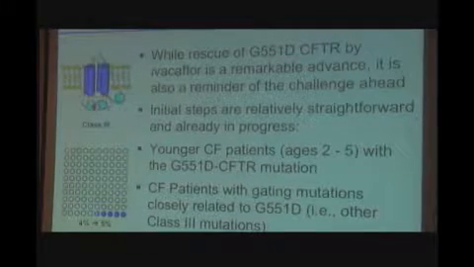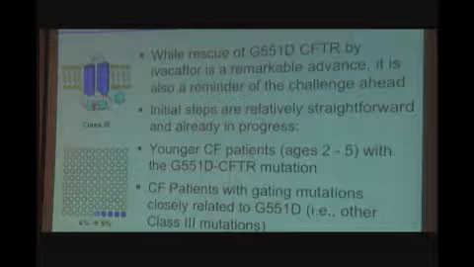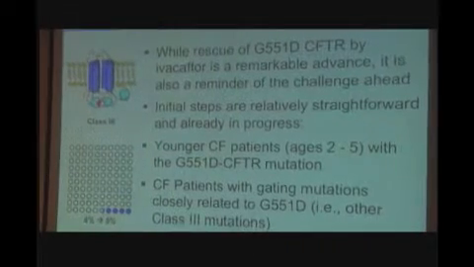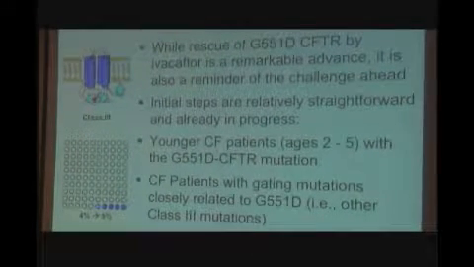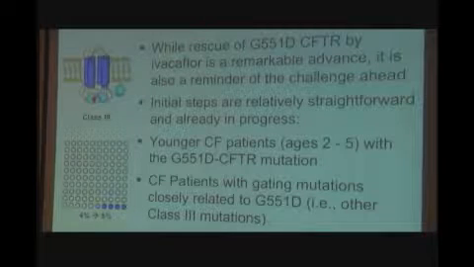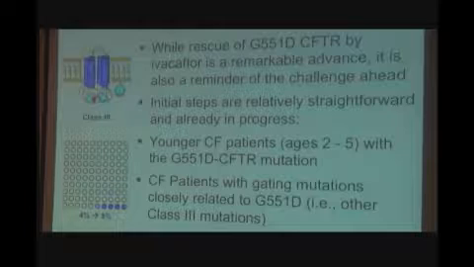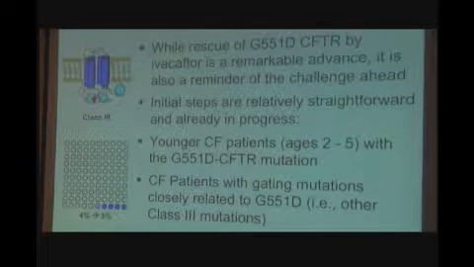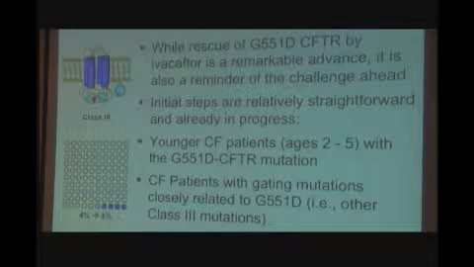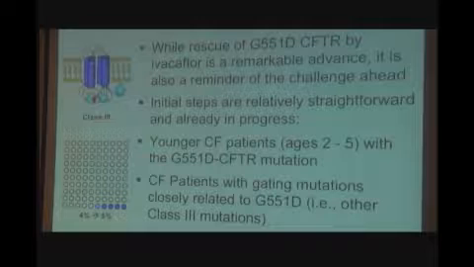There's also a group of very rare mutations, very closely related to the G551D mutation, that make up about 1% of the CF population, where we think ivacaftor works very similarly and equally as well. And so those patients are now being enrolled in a study to look at the group of gating mutations, not just the G551D mutation. And many centers are enrolling in that trial.